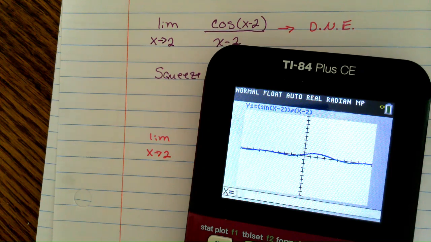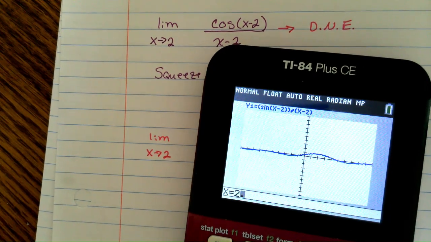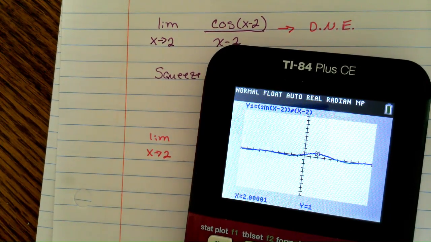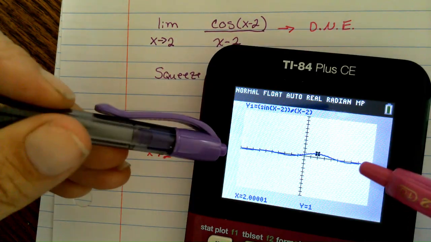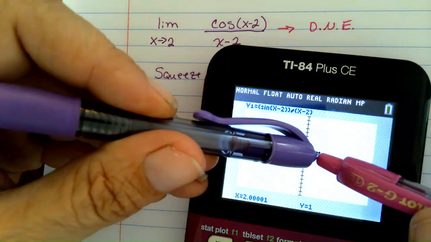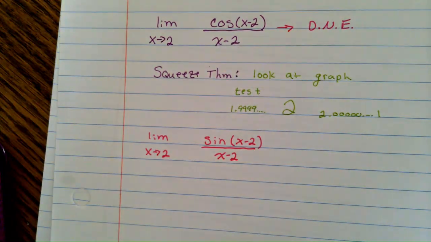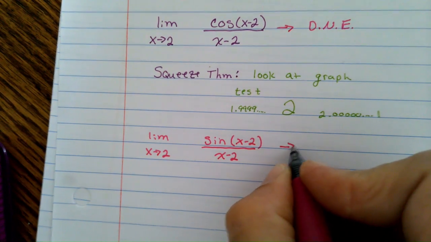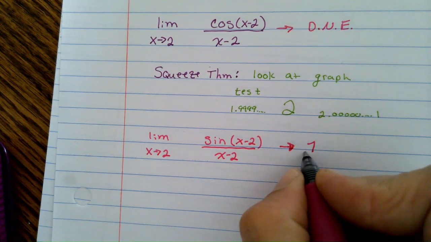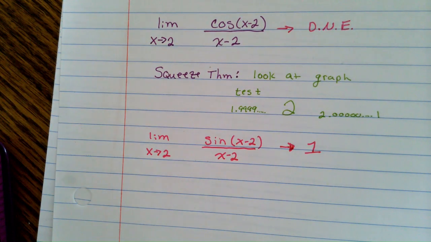No, I can't. But can I do 1.9999? Looks like I'm getting out 1. What about 2.00001? Looks like I'm also getting out 1. So it looks like when our finger comes together at 2, it's getting closer and closer and closer to the y value of 1. So the ordered pair did not exist, but the limit did exist and at 1, and we got that by using the squeeze theorem.